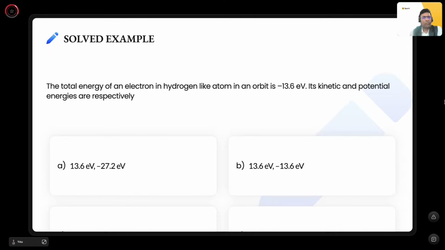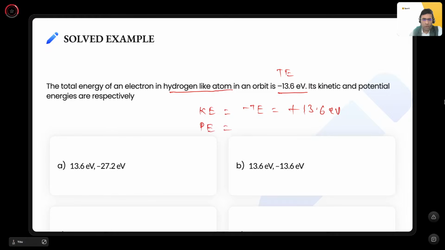The total energy of an electron in hydrogen-like atom in an orbit is minus 13.6. So this is the total energy. Its kinetic energy and potential energies are. So kinetic energy का जो होता है वो it is equal to the magnitude of the total energy. All right. और negative of the total energy we can say, because total energy negative होती है. तो kinetic energy will be plus 13.6 electron volt and it will be equal to the magnitude of the total energy. एक ही बात है.